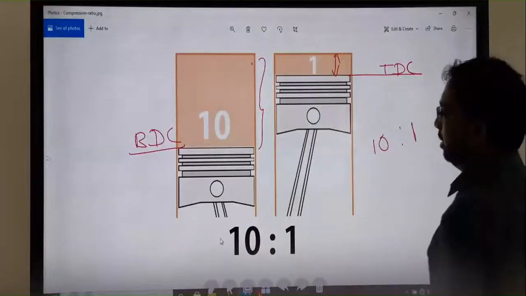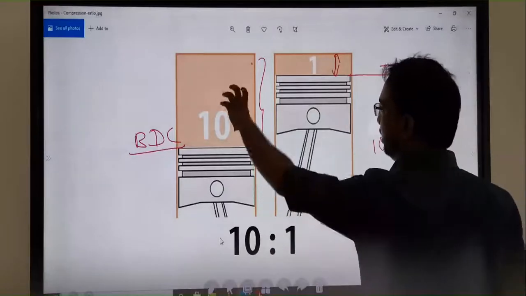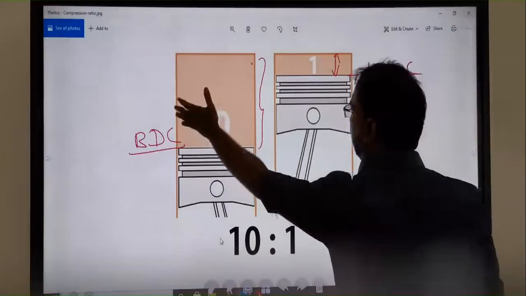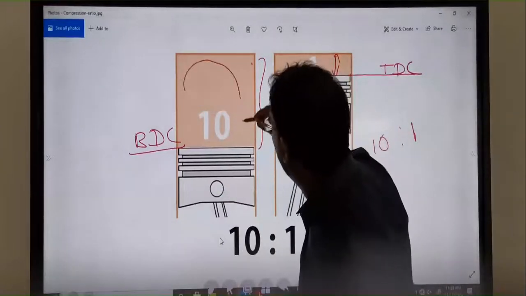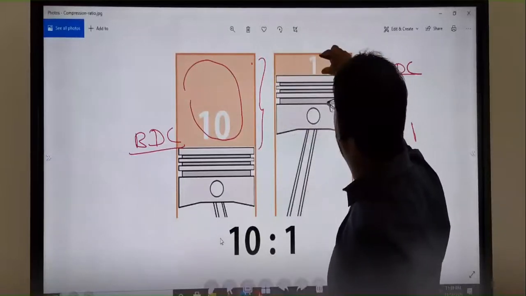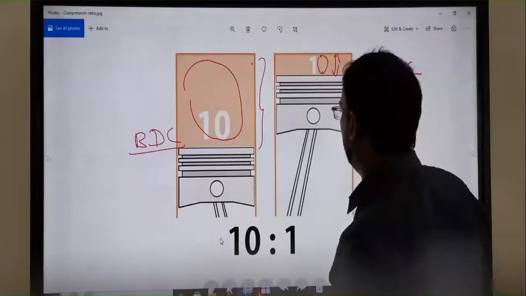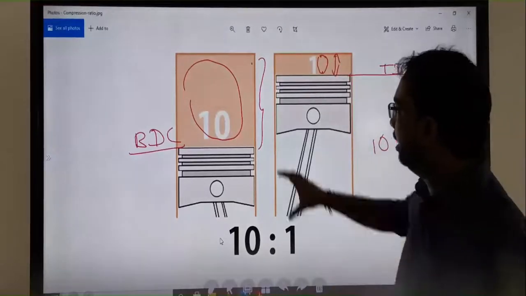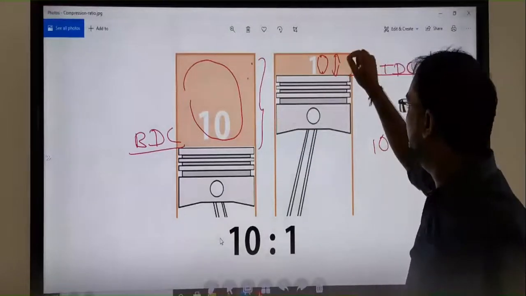So then the air mixture is filled in the whole area, then it's compressed to this 1. That means the total area has 10 and this is compressed to 1.